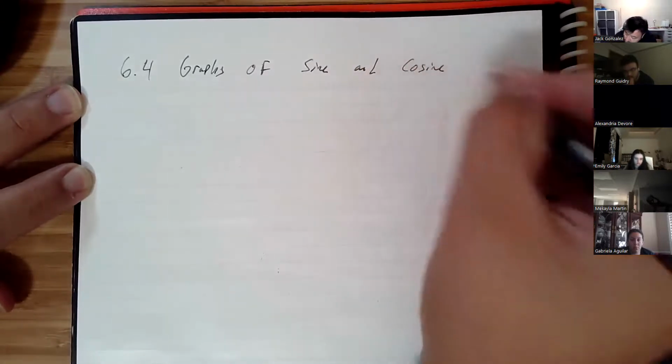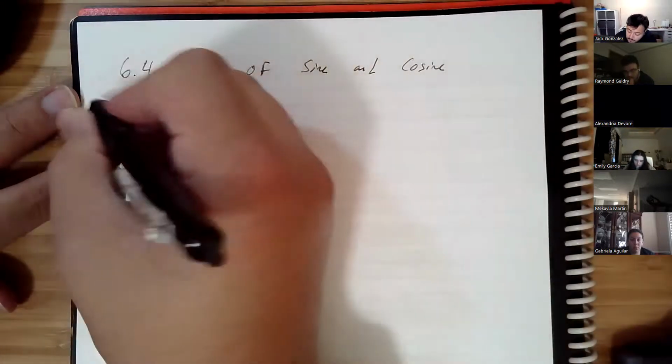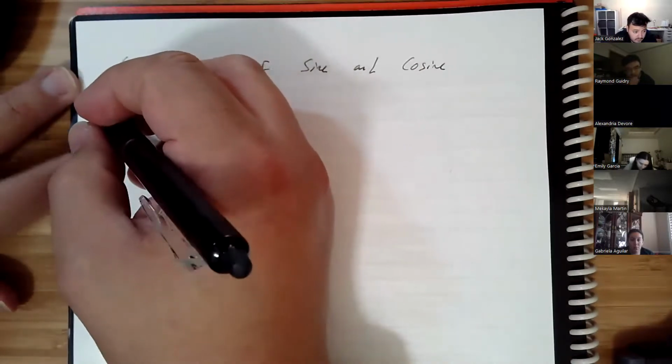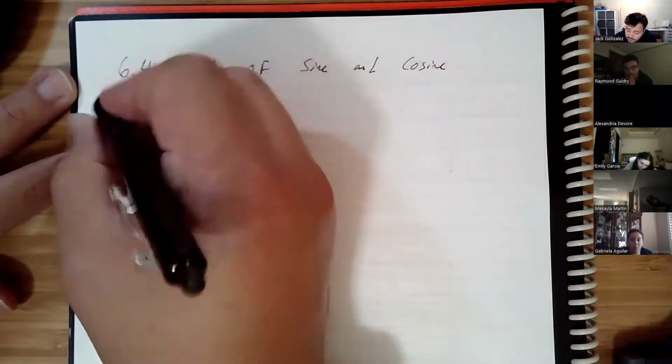Do you know what the graphs of sine and cosine look like? We'll graph them in a minute. The other thing will be, can you find the amplitude and period if I give you a function?